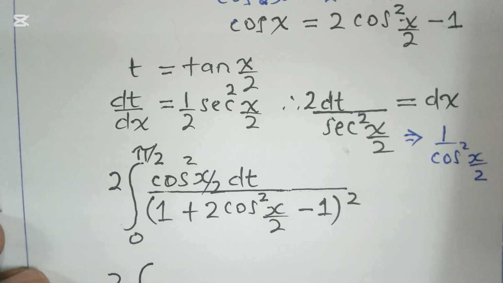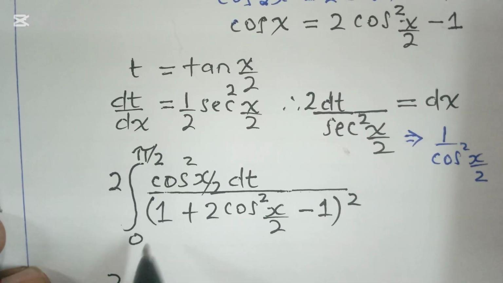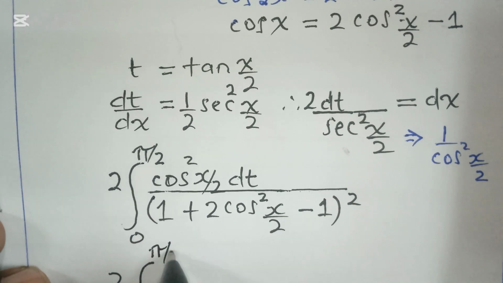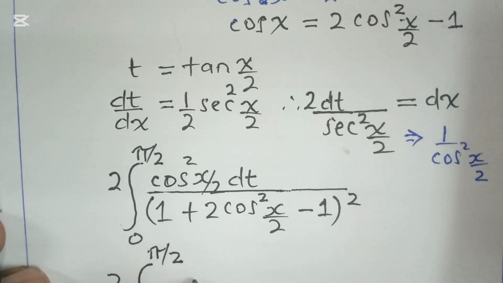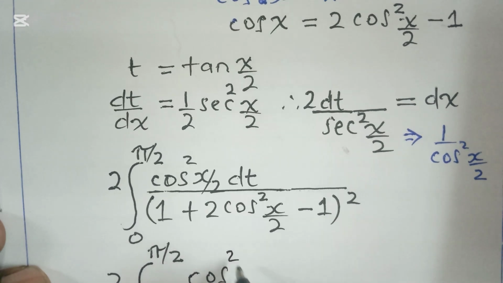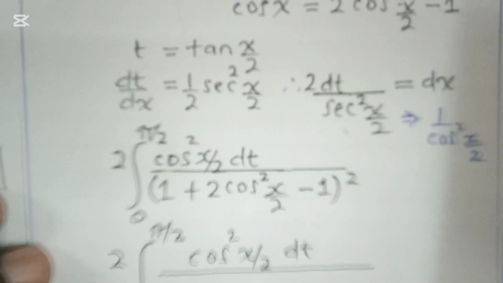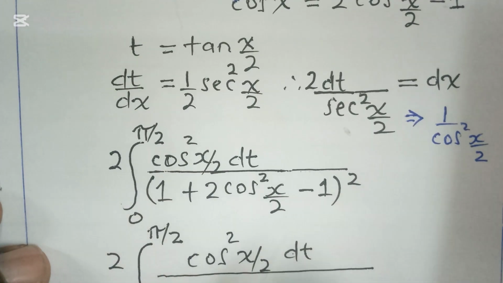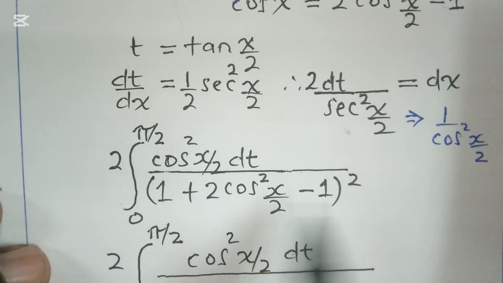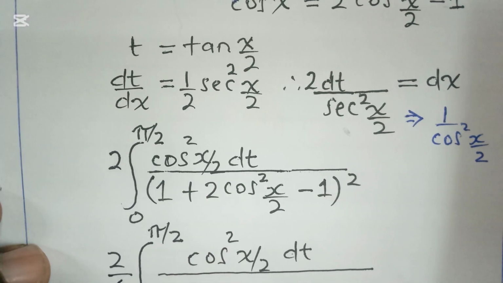So we shall have now 2, and the integral from 0 to pi over 2, here we have cos squared x all over 2 dt. And guys, here at the denominator, we can cancel that one and that one. We are left with 2, and 2 squared gives us 4.